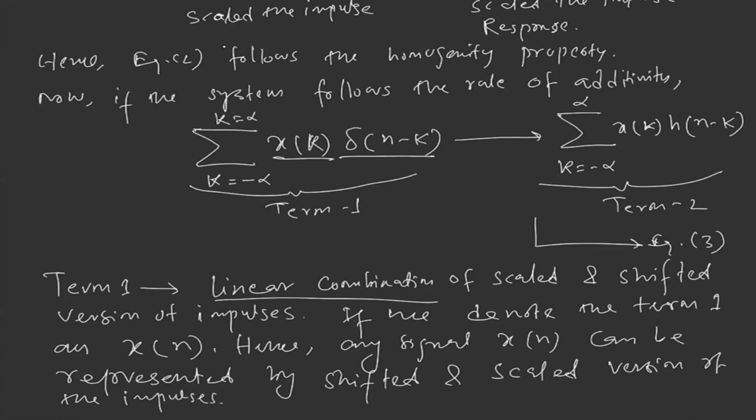So this is very clear: if term 1 is a shifted and scaled version of impulses, then x n is also a shifted and scaled version of impulses.